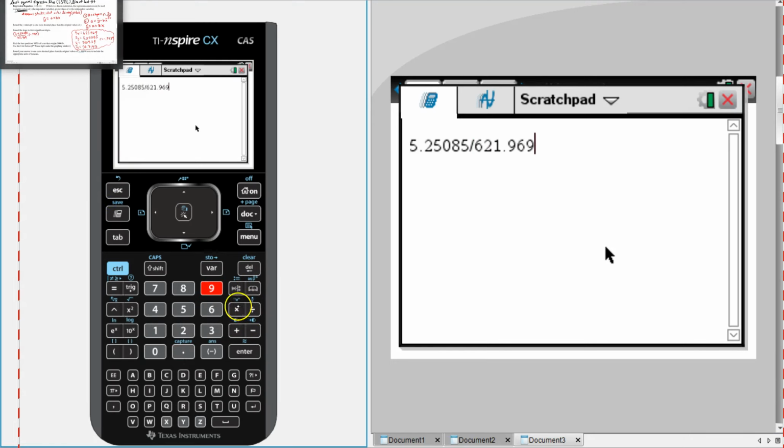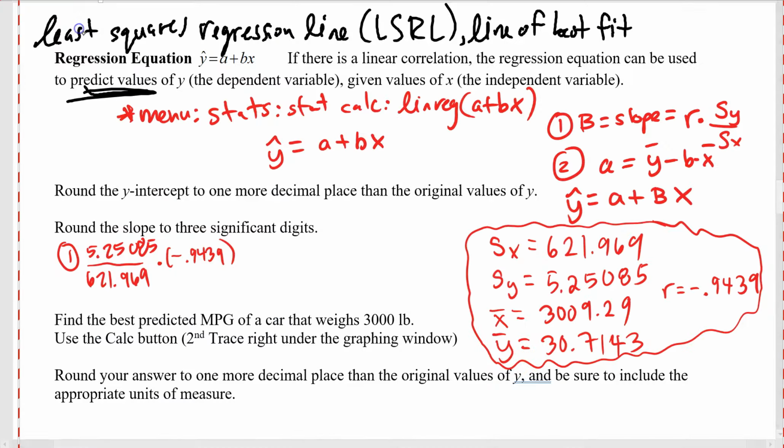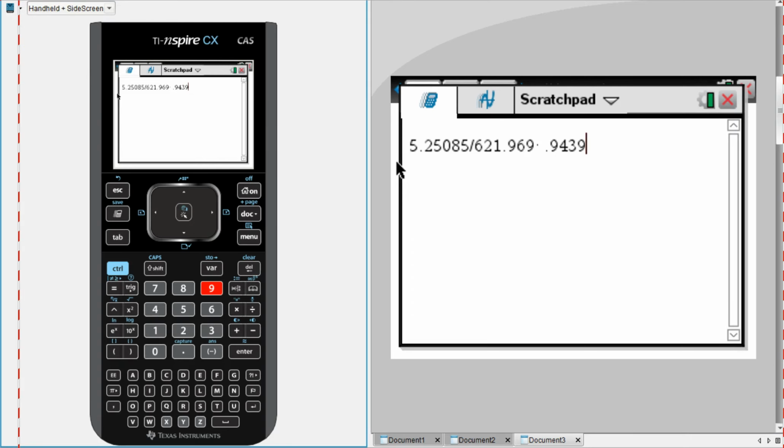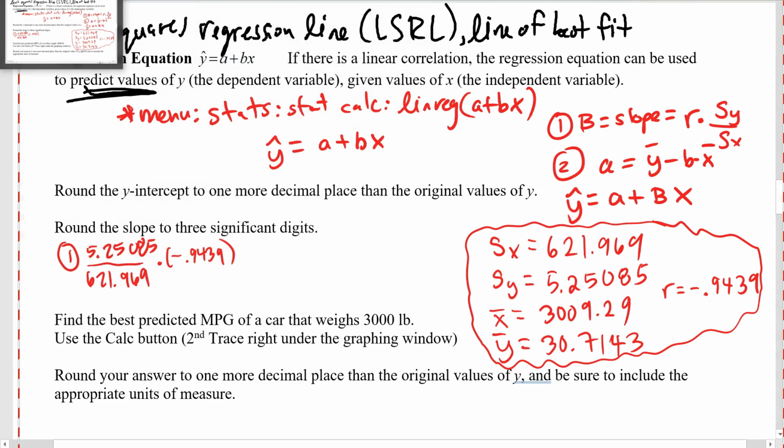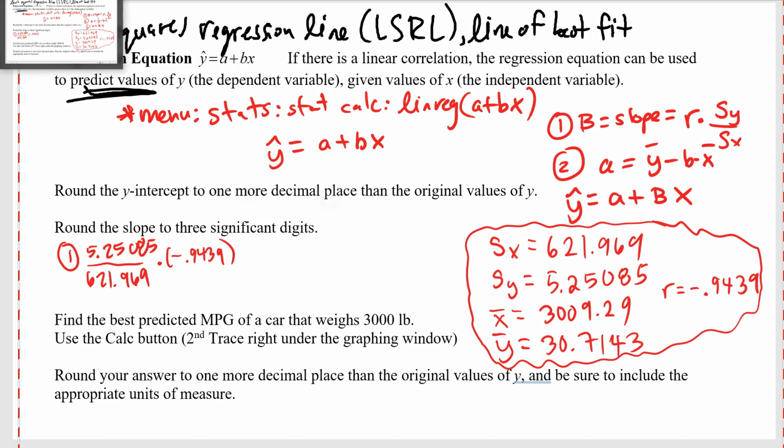And then that will be times r, which was 0.9439, it looks like. Make sure, 0.9439. 621.969. That should do it. So this gives us our slope, 0.00797. So our slope, or our b, is 0.00797.